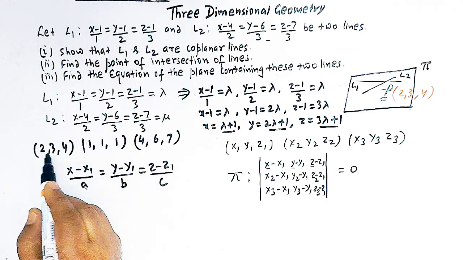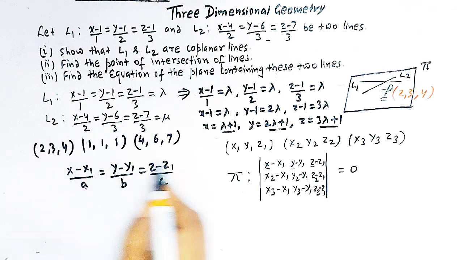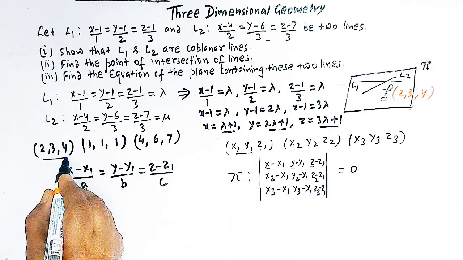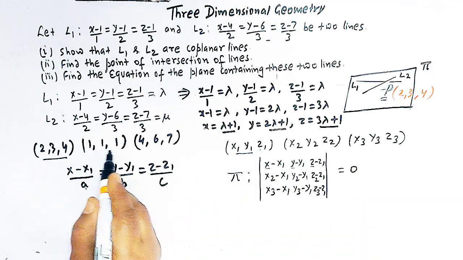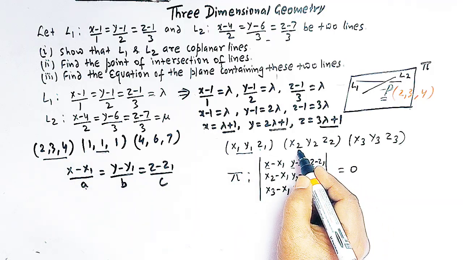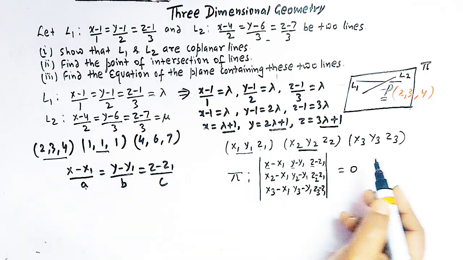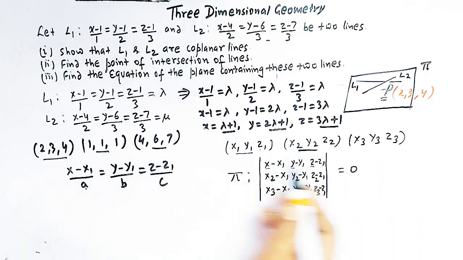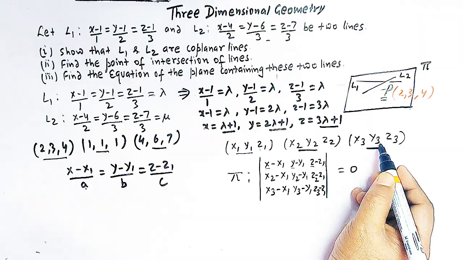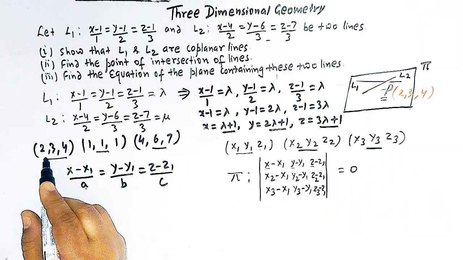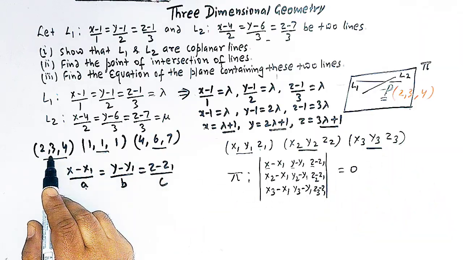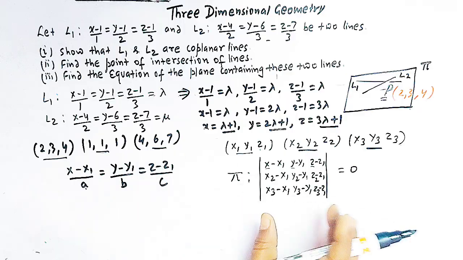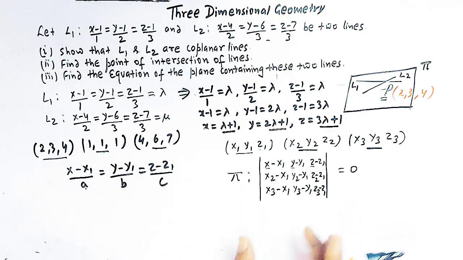So now 2, 3, 4 may be taken as x1, y1, z1, 1 comma 1 comma 1 may be taken as x2, y2, z2, and 4, 6, 7 may be taken as x3, y3, z3. Let us substitute the values of these coordinates in this determinant.